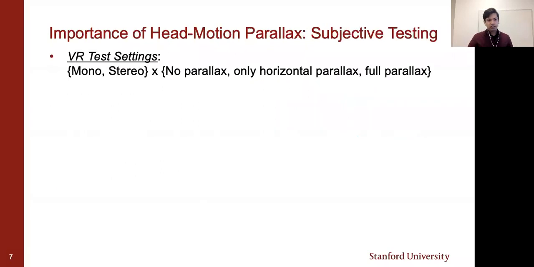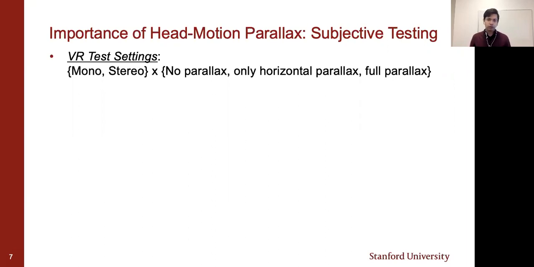To further understand the importance of head motion parallax, we also conducted a subjective study where we showed viewers 6 different render settings. So there was monoscopic and stereo combined with 3 different parallax settings. The first one was no head motion parallax, which is the conventional way. The second one was only horizontal parallax, where the viewers were free to move within a horizontal plane, but any vertical head motion was discarded.